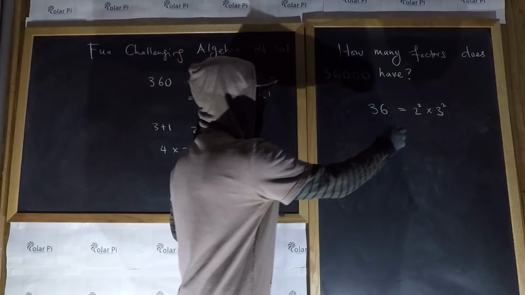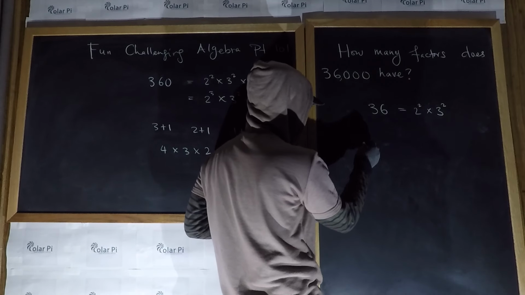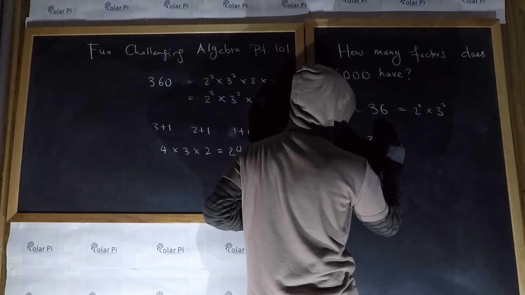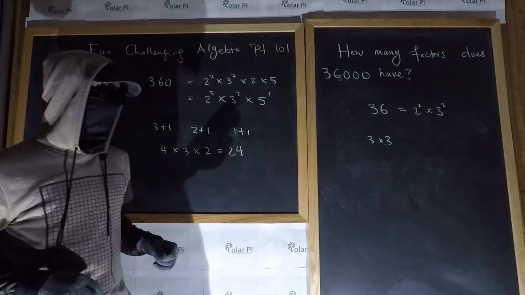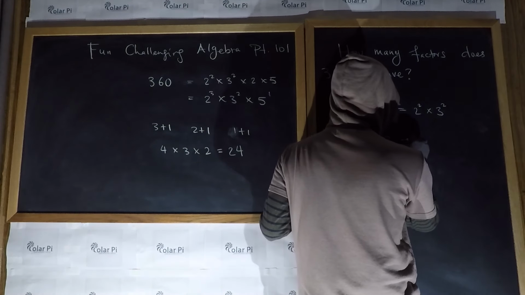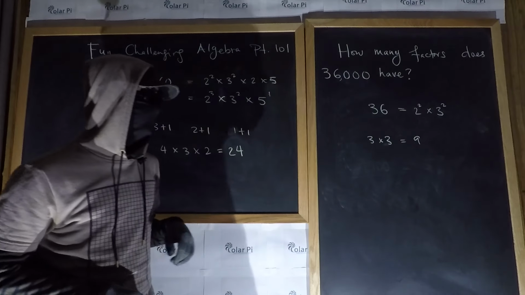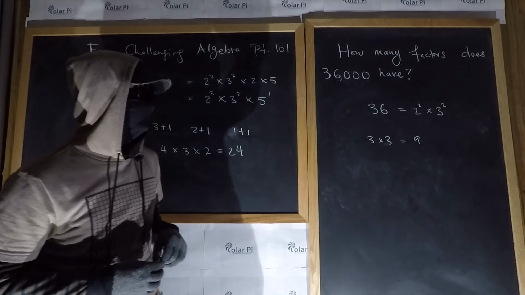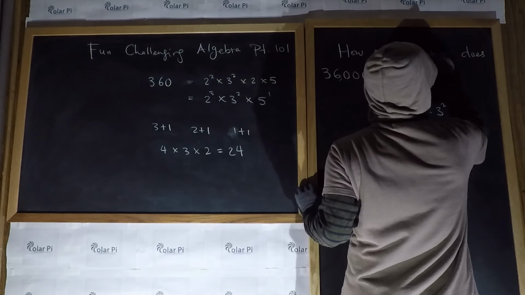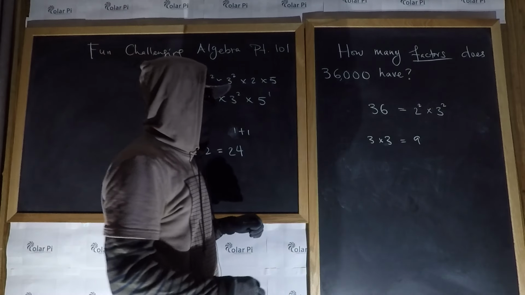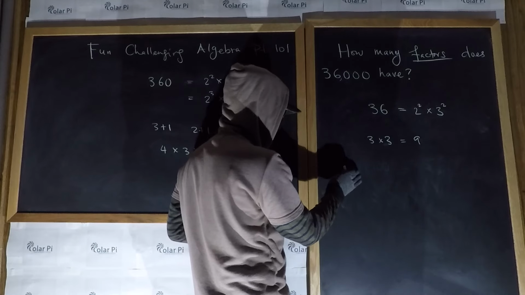Then we take these exponents and add 1 to them. So that's 3 and then 3, and then we multiply, so this is 9. So supposedly 36 has 9 factors. For 36, it's small enough that we can list them.